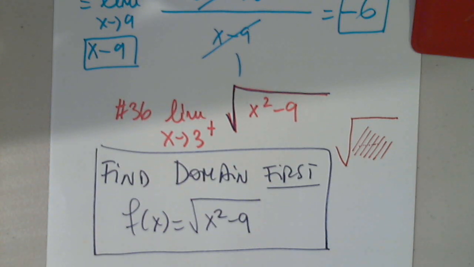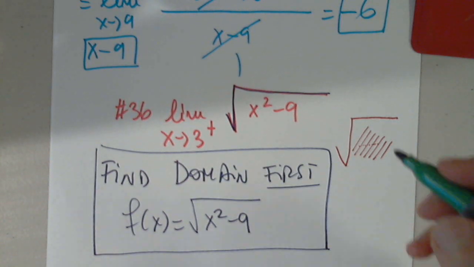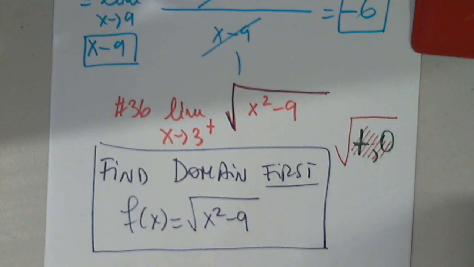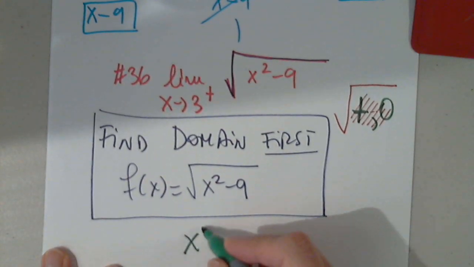I don't need specific numbers, just tell me what type. We discussed that when we graphed them last week. What did we say? What can we put under the square root? What type of numbers can we put in there? Any numbers like 1, 2. So you're talking about positive numbers or 0. I agree. So then I have to solve this inequality.